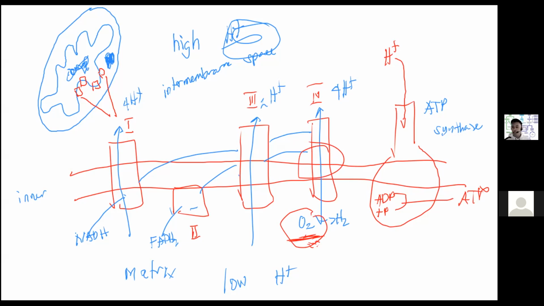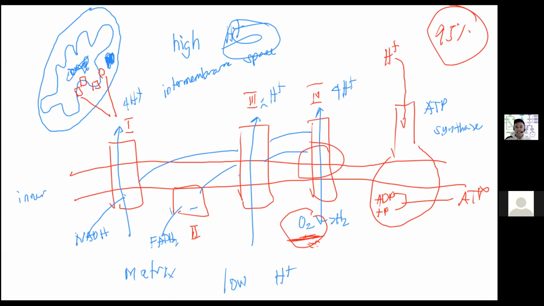In fact, 95% of the oxygen of the body is utilized by your electron transport chain. So this is a highly aerobic process. Class, am I making sense? Do we get this process?